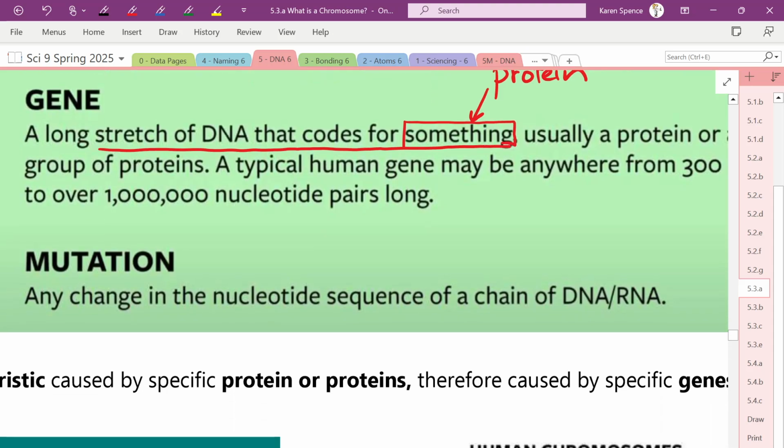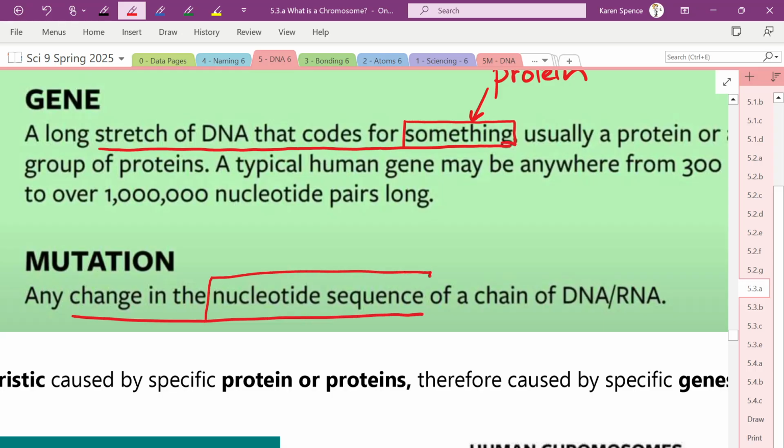A mutation is a change in the nucleotide sequence. So it's a change in the A, C, T, G letters.